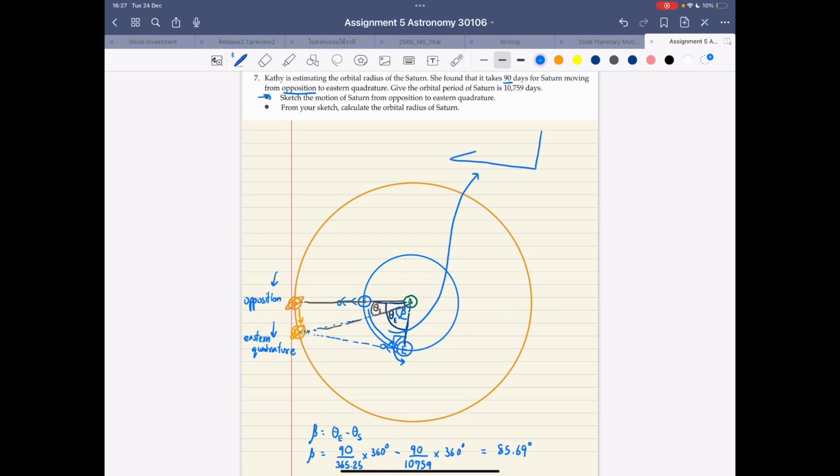So after we obtain beta, let's consider this triangle. We have this angle beta. This one is 90 degrees. And we know that the distance from the sun to the earth is 1 astronomical unit.